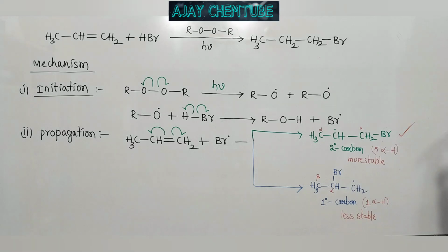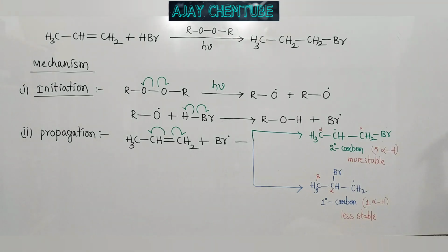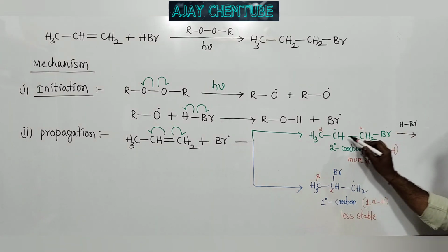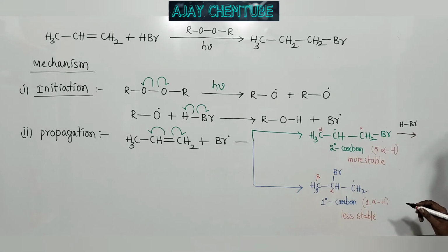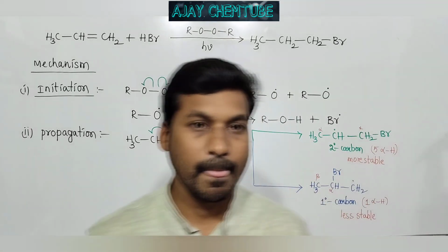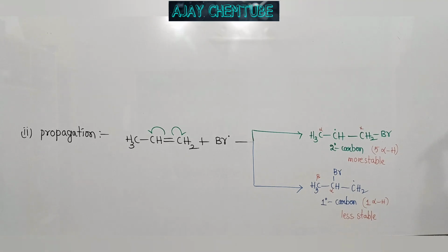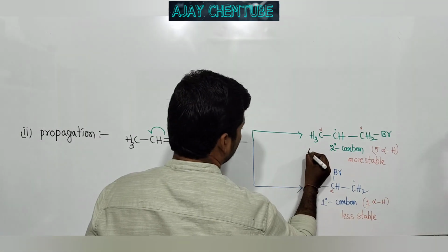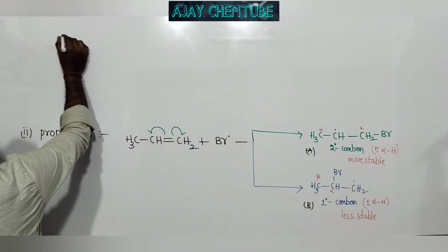In the second step, next is addition of HBr. If HBr is added here, H free radical comes here. Or otherwise you can also understand like this. First of all, take up to here. Consider this is A and this is B. What is A?